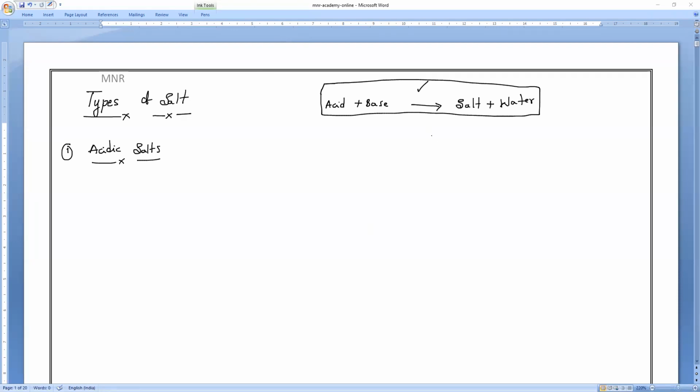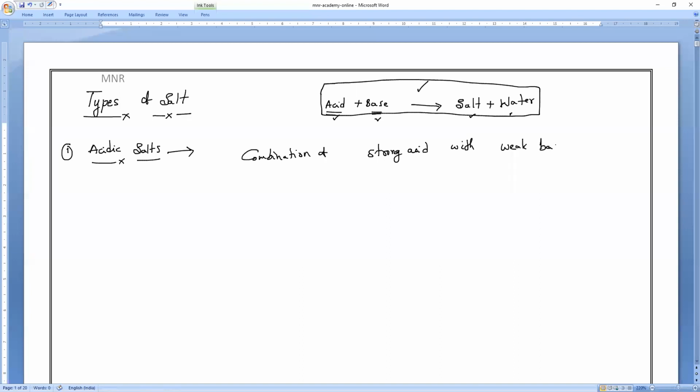Now, how to get the acidic salts? As we all know, the generalized equation of formation of salts is acid reacting with base to form the respective salt plus water. These salts are formed by the combination of a strong acid with a weak base.